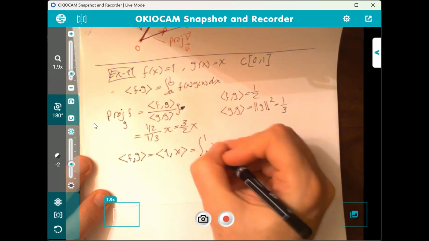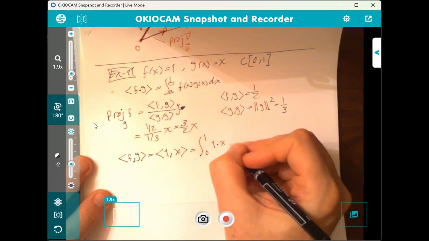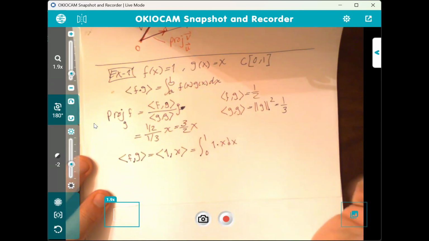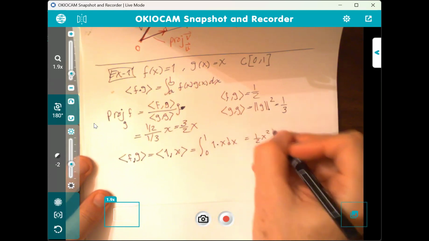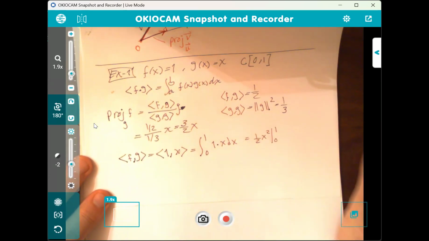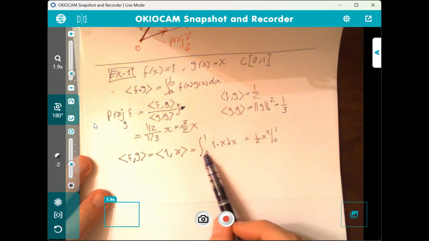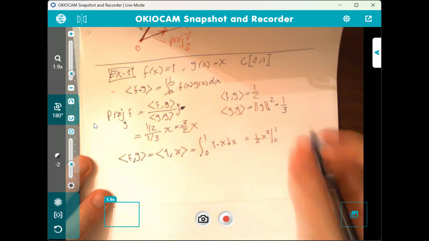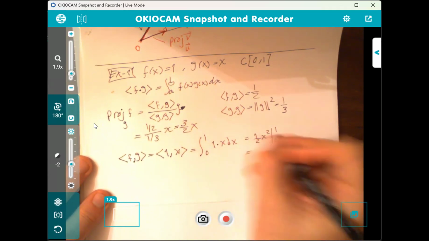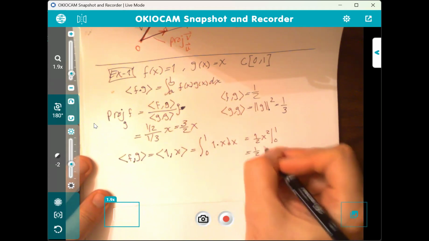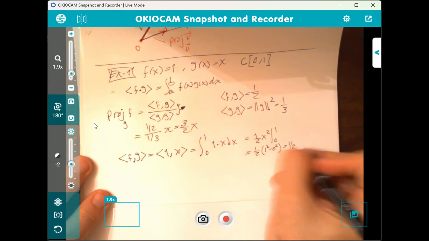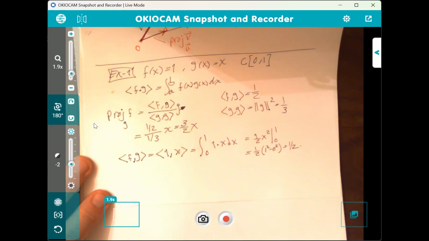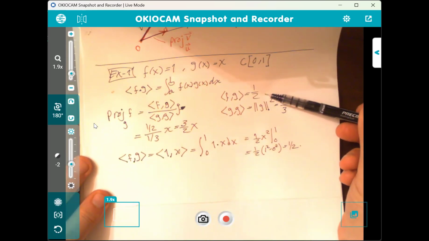So you're going to multiply 1 times x and then dx, right? The integral of x, a little bit of calculus here, simple, calc 1. Remember the integral of x is x squared over 2. You go fundamental theorem now, upper minus lower limit. So we're going to get 1/2 of 1 squared minus 0 squared. That's 1/2. There you go. So here's how he gets this 1/2.